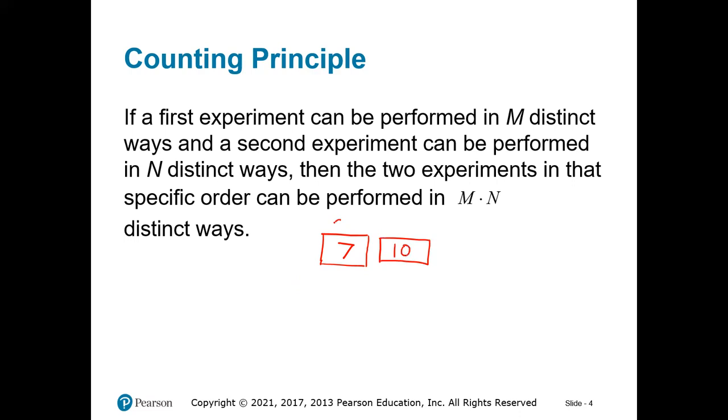So this is the number of cars, and this is the number of shopping malls. In how many ways can you do this? Well, you have 7 cars, right? You can take the first car, the second car, or the third car, and we cannot drive more than 1 car, right? So this is your m right here.